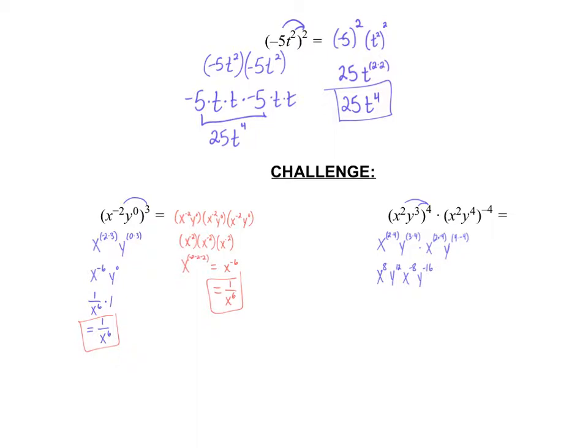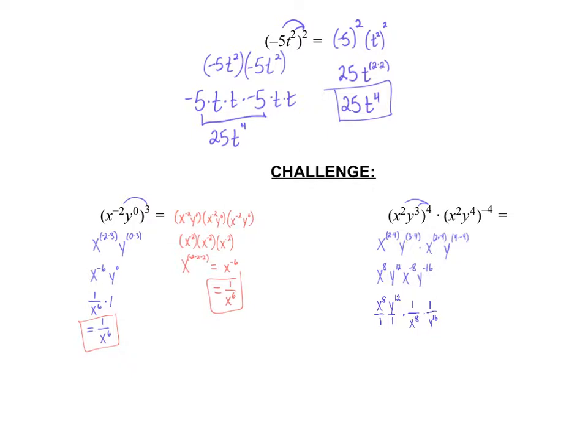All right, so this is where it might get a little tricky. I know my x to the negative 8th and y to the negative 16th can be rewritten. So I'm going to say x to the 8th, y to the 12th, right? And those are both over 1 times, now x to the negative 8th is 1 over x to the 8th, and y to the negative 16th is 1 over y to the positive 16th.